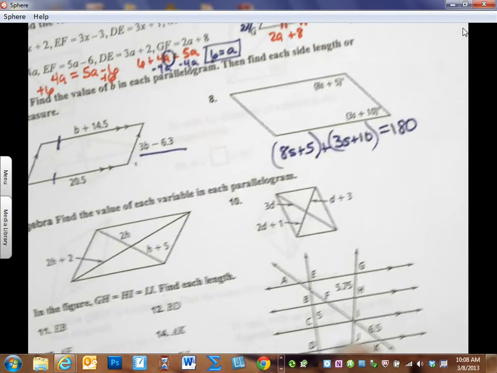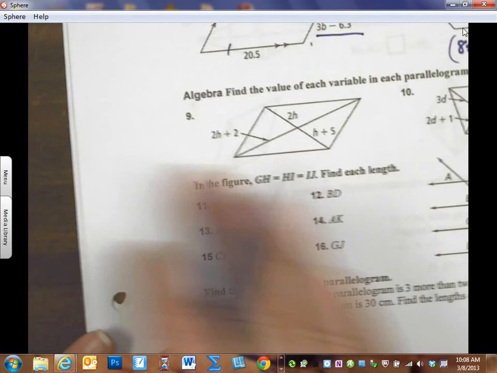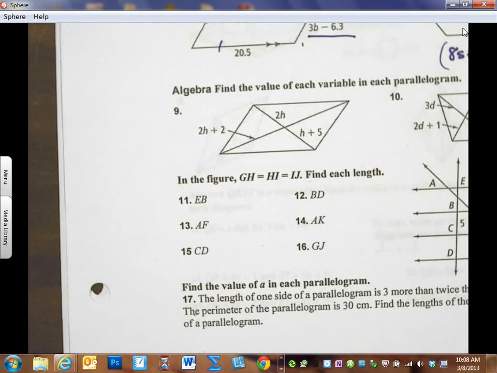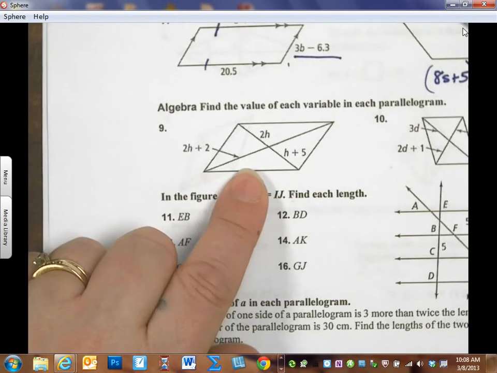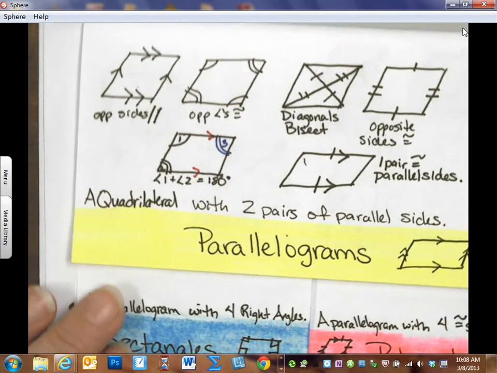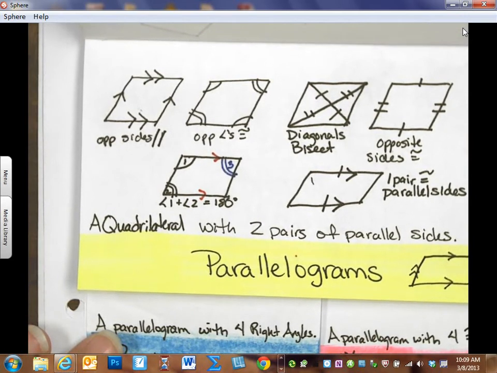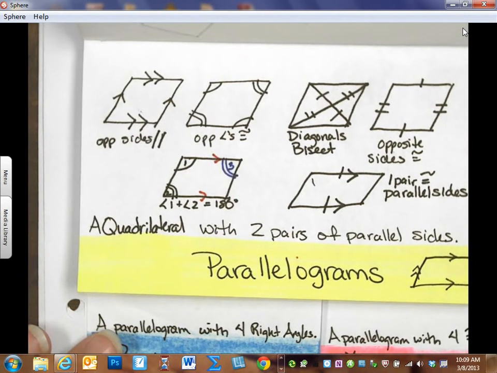Alright, so now let's look here at 9. What is 9 talking about? Think about what you know about parallelograms. These diagonal lines, right? So looking at our properties of parallelograms, what do we know about diagonals? The diagonals bisect each other.